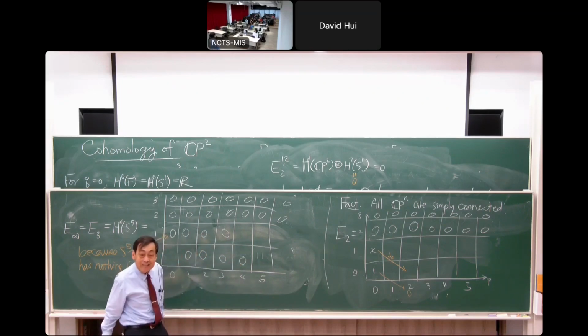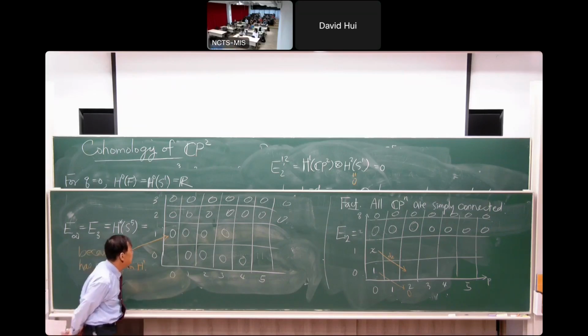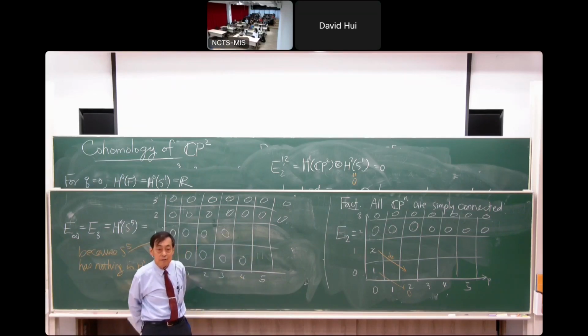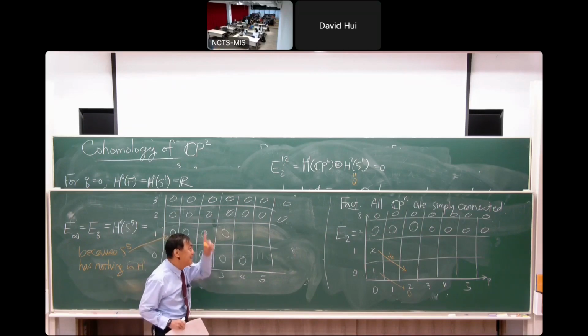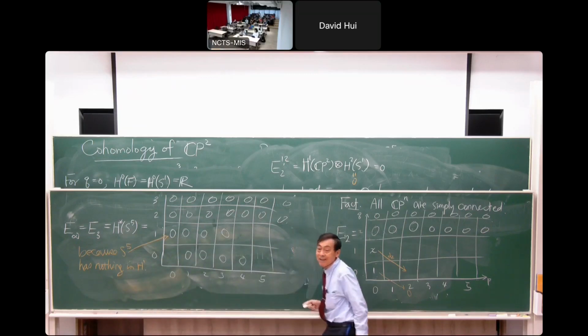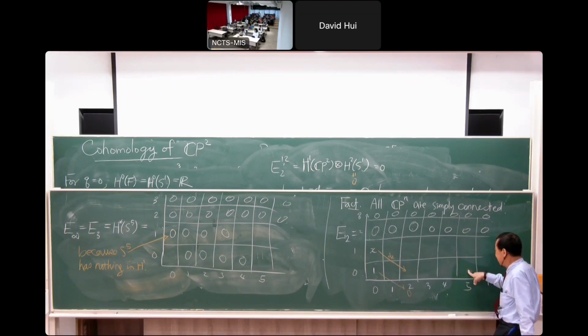Okay, and now degree 5. Degree 5 is R, so it's got one generator. So it has to go into one of these boxes. Which box does it go into? Somebody said this. So this one. Okay, why not here? Like here, what's in this box?